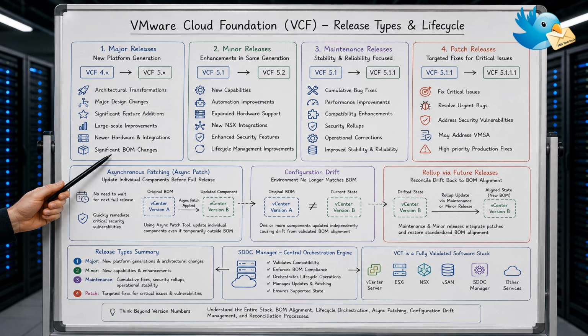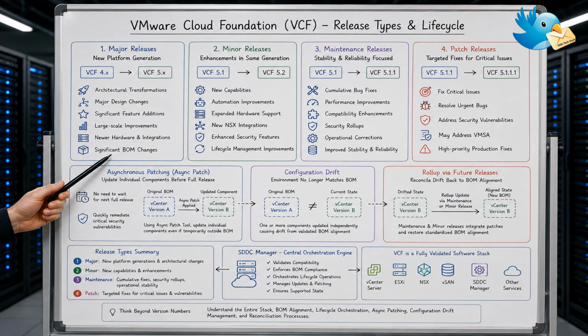So from the release type perspective, before you work on an upgrade, update, or patch, you should have a clear understanding of these release options, because as part of production support, you can work on the major release.